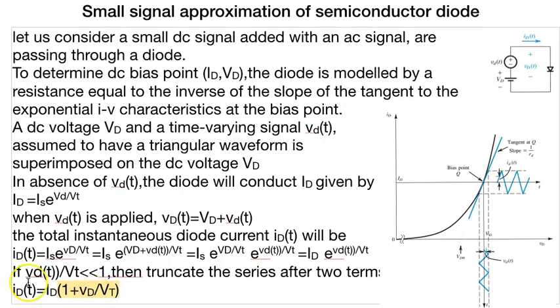Thus it means that we ignore the time varying exponential function and the V_D, that is the DC. This is the DC voltage. This is not, my friends, any time varying voltage. It is the DC voltage. Now it is 1 plus v_d(t) over V_T, into I_D.